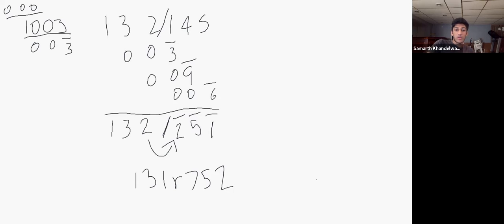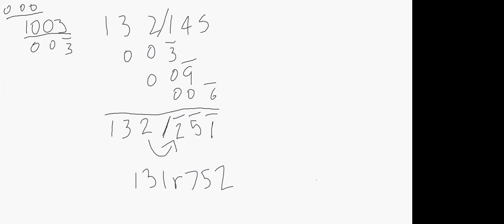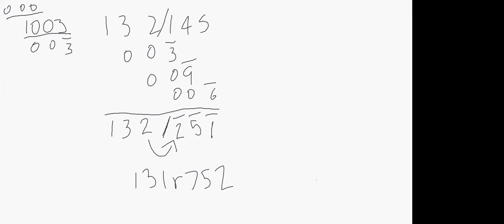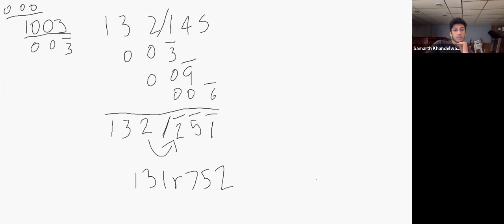If it's a negative number, you don't want to have a negative number in your remainder. So you bring over as many as you need of the dividend, and you make sure that there isn't any negatives in the remainder. Okay, does anybody have any more questions?